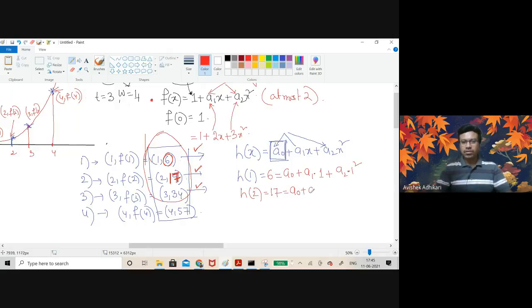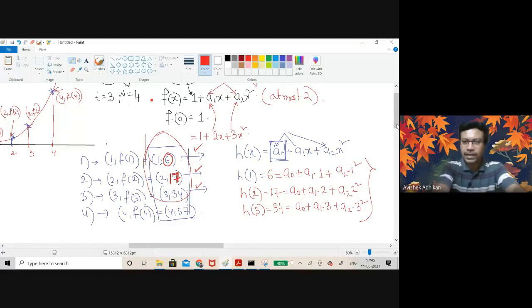So a0 plus a1 into 2 plus a2 into 2 square. The third participant also joins to open. He knows the h of 3 value, and that is 34: a0 plus a1 into 3 plus a2 into 3 square. Now you see that there are 3 equations.